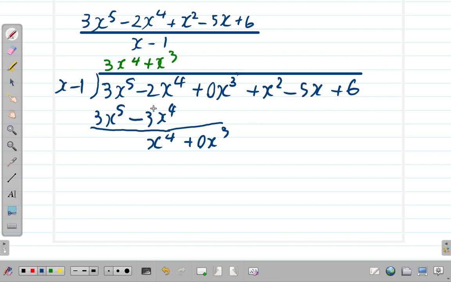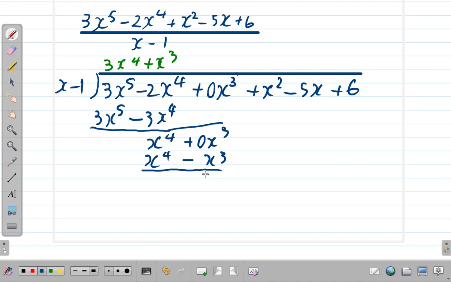Then after that, x to the 3 times x, which is same as x cubed times x, gives you x to the 4th, minus x cubed times negative 1. So it's going to be minus x cubed.